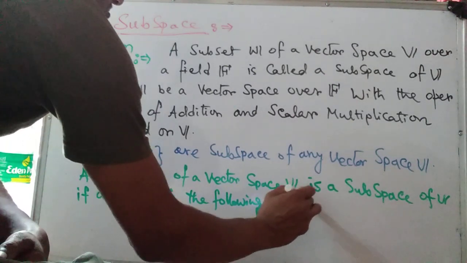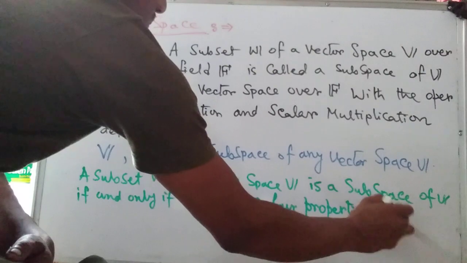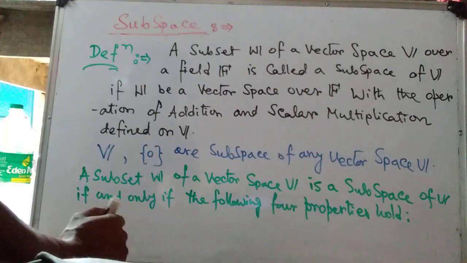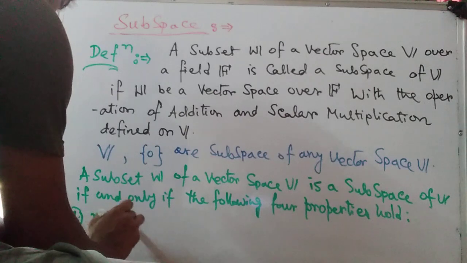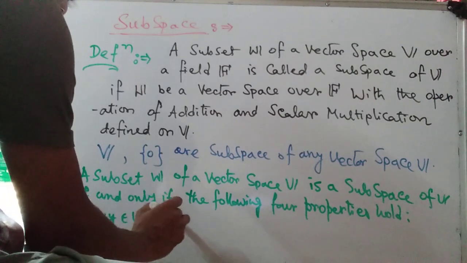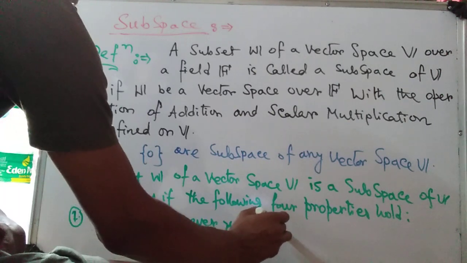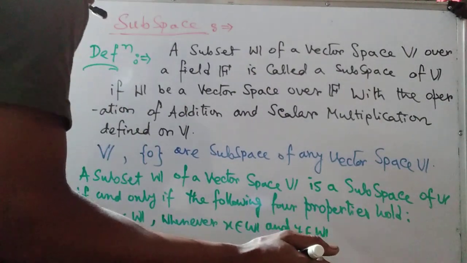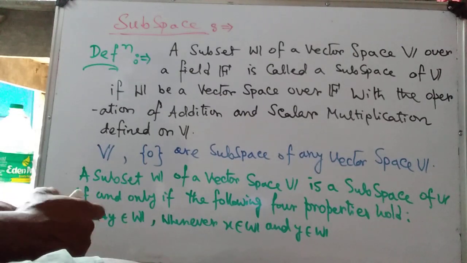First one: x plus y belongs to W whenever x belongs to W and y belongs to W. That means W is closed under addition. Understood?